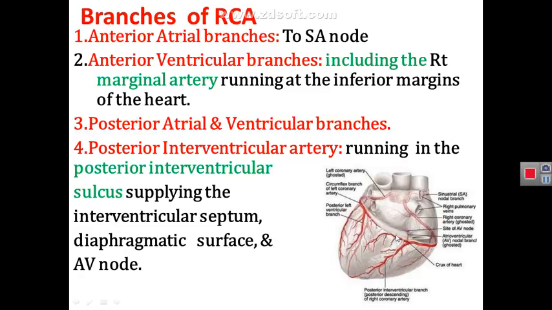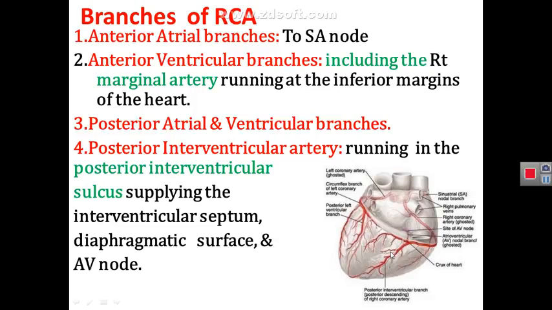Just before the crux cordis, where there will be anastomosis of the right coronary with the left circumflex coronary artery, the right coronary artery gives a big branch, which is the posterior interventricular artery, running in the posterior interventricular sulcus.